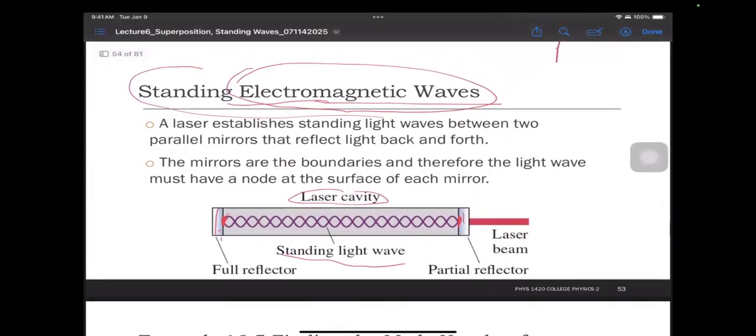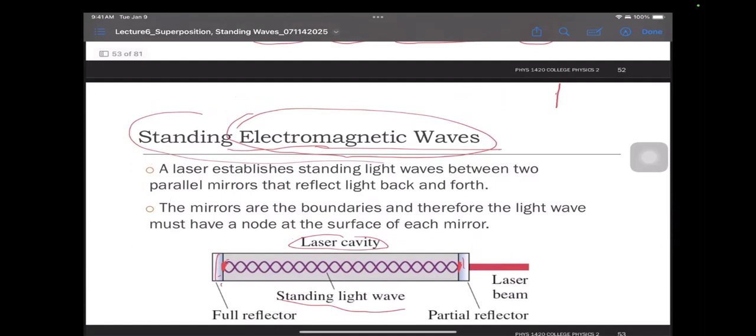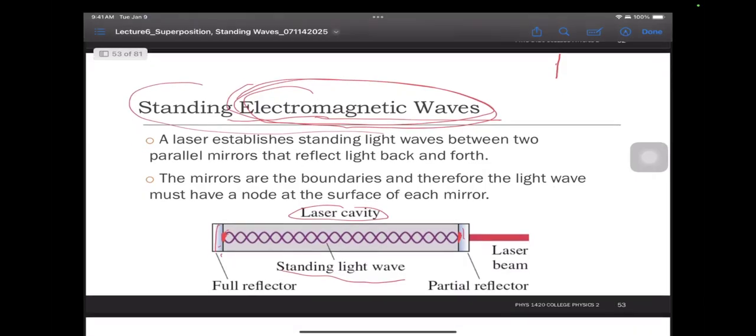This standing electromagnetic wave tells us that electromagnetic waves can also generate standing waves, so it has a superposition situation. Does it make sense to you? It's similar to string waves and sound waves, only these are electromagnetic waves. Does it make sense to you?